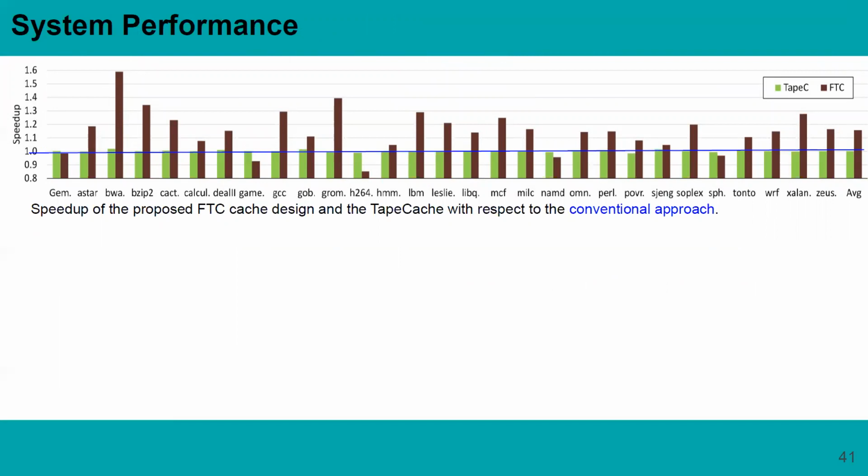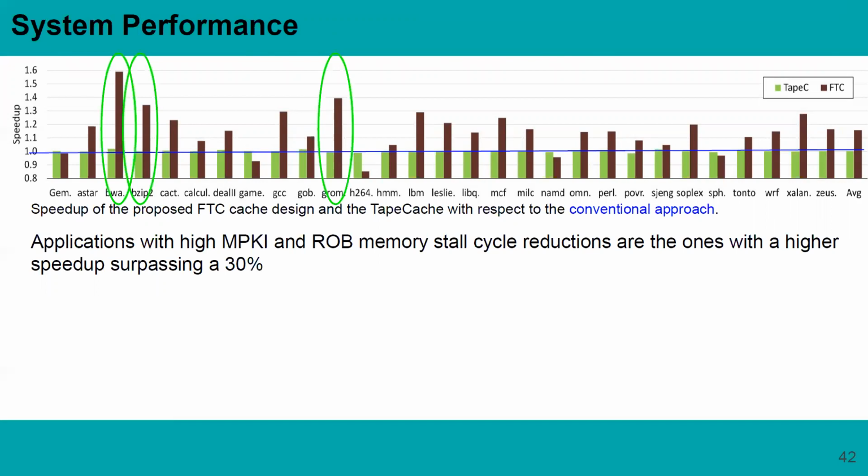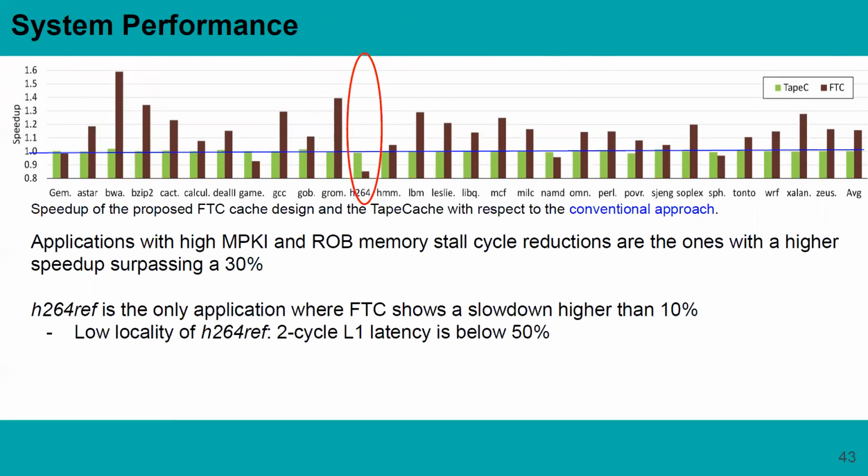This figure refers to the speed up of the FTC and the state-of-the-art tape cache, focusing on L2, over the conventional approach. The blue line at 1.0 speed up means the same performance as the conventional cache. For the system performance, applications with a high MPKI or raw memory stall reductions are the ones with a higher speed up, surpassing 30%. On the other hand, H264ref is the only benchmark where FTC shows a slowdown higher than 10%.